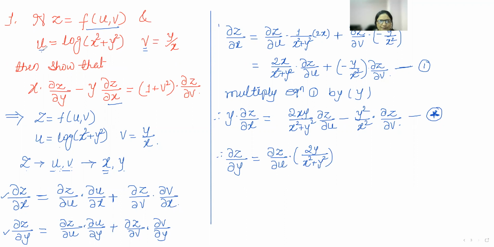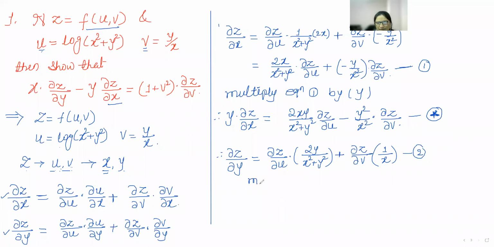What is u? u is given as log of x square plus y square. Differentiate this u with respect to y keeping x constant. So 1 upon x square plus y square into derivative of y square, that is 2y, plus dou z by dou v as it is. Taking the derivative of v with respect to y, it is 1 upon x. And suppose this is the second equation.